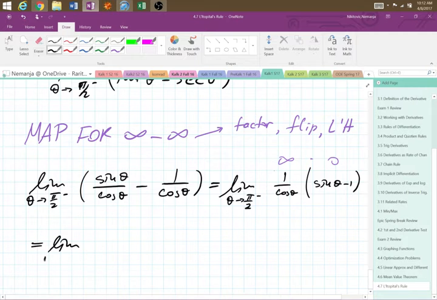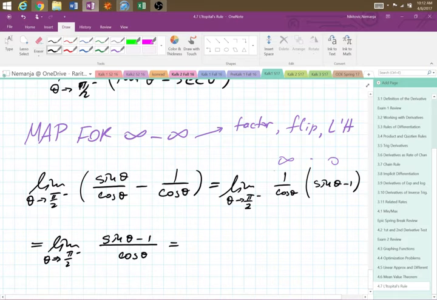So limit theta goes to pi over 2 from the left, and now you decide which one to flip, which hopefully is this cosine. So you leave sine theta minus 1 on top, and then 1 over cosine goes down as the cosine theta.